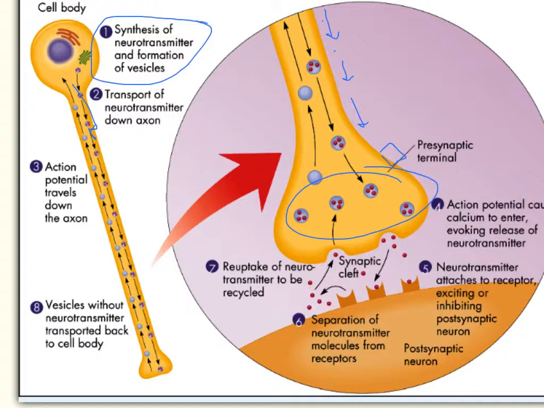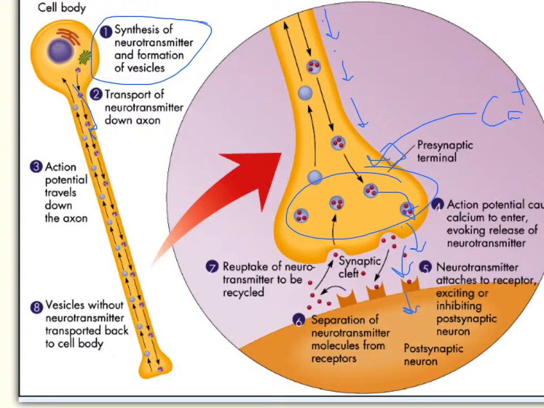That action potential will open the calcium channel. The calcium will come in, and that signals those vesicles to fuse with the presynaptic membrane and to exocytose those neurotransmitters into the synaptic cleft. The neurotransmitter will then combine with these receptors on the postsynaptic cleft, and then it will relay that on signal to that nerve there.